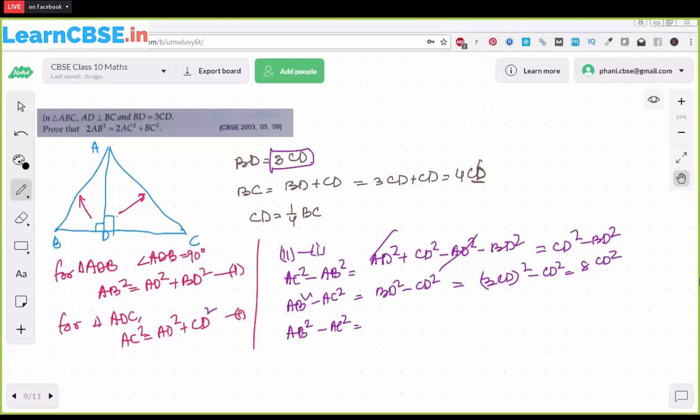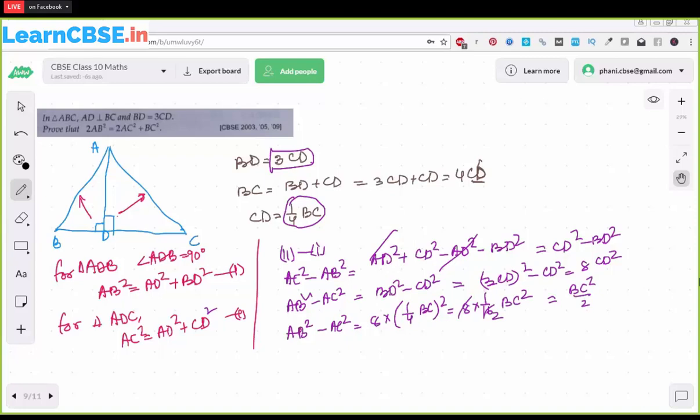CD means 1/4 of BC. So 8 into 1/4 of BC whole square. So 8 into 1 by 16 BC square. That gives you BC square by 2.